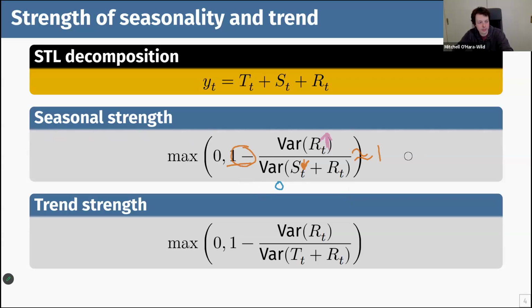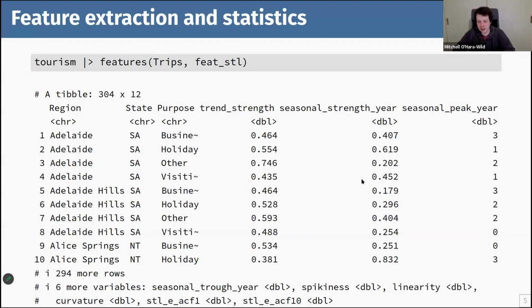So very weak seasonality. You can apply the same idea to the trend. If the trend variation is very large and the random variation is very small, my trend strength will be close to 1. A 1 indicates a very strong trend compared to the randomness that exists in the time series. The way that we compute these statistics is actually very similar to how we computed Guerrero's method. We again use the features function, but instead of using Guerrero, we use feat_STL.